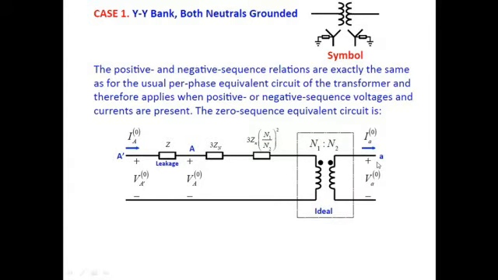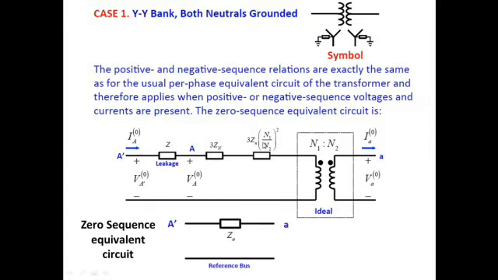And if we want to transfer the 3Zn of the secondary side to the primary side, we have to multiply it with the turns ratio. So the total zero sequence circuit will be a circuit with a reference bus and a zero sequence impedance, and the zero sequence impedance will be equal to Z, the zero sequence impedance, plus the neutral impedance of the primary side plus the neutral impedance of the secondary side.